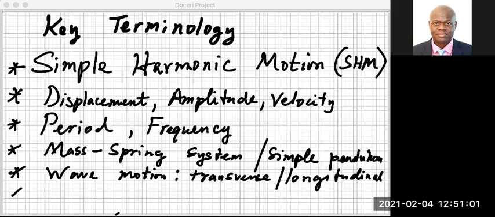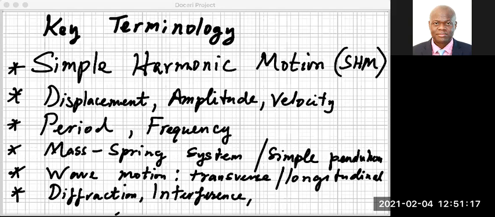And then wave phenomena such as diffraction, interference, standing waves, resonance.